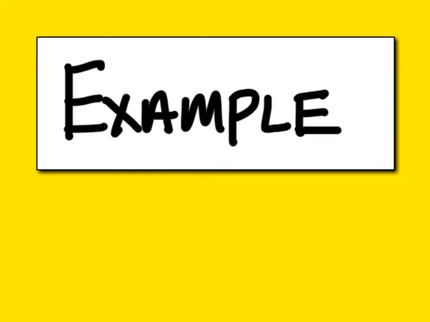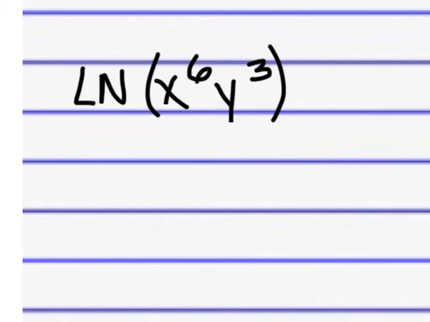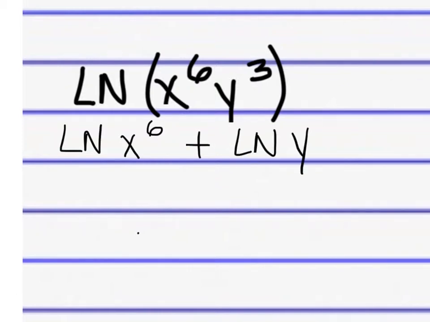First one. In this case we have to expand it, and this is a log natural of x to the 6th y to the 3rd. A property of logarithms says that when you have the log of a product, you can expand it out like this: log natural of x to the 6th plus log natural of y to the 3rd.